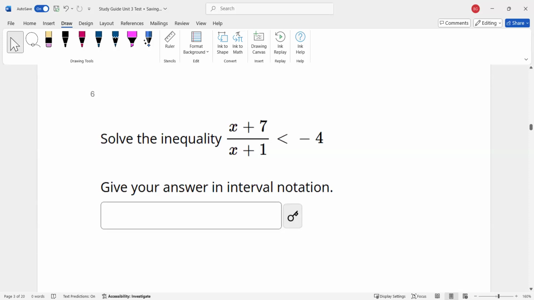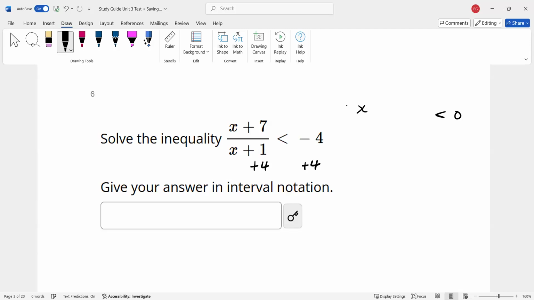Question number 6. Solve this rational inequality. On the right side of the inequality, we have -4. It's not 0, so the rational inequality is not in standard form yet. It's going to take a little effort and be a little time consuming to rewrite the inequality in standard form. To do that, we add 4 to each side, then the right side would be 0.